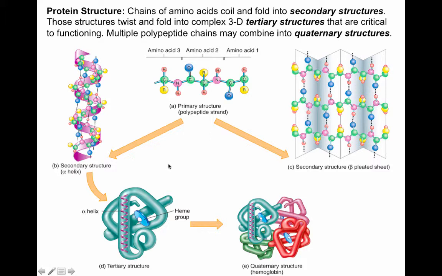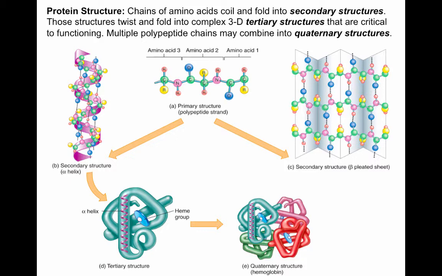And then tertiary structure is how those coils and those folds all interact to make the final shape of the polypeptide chain. And then some proteins like hemoglobin, which is depicted in the slide here, have quaternary structure.